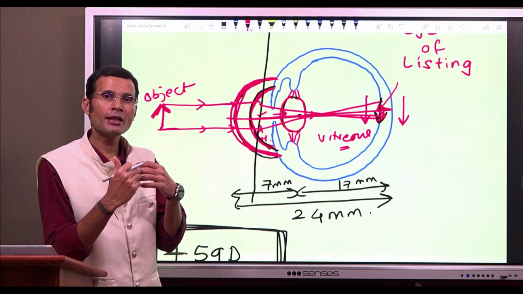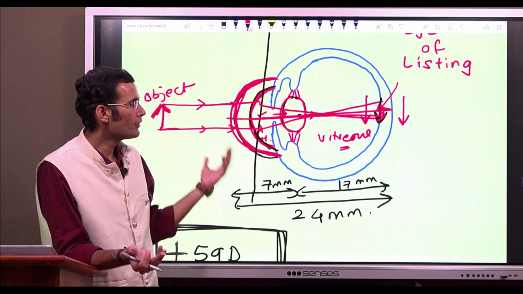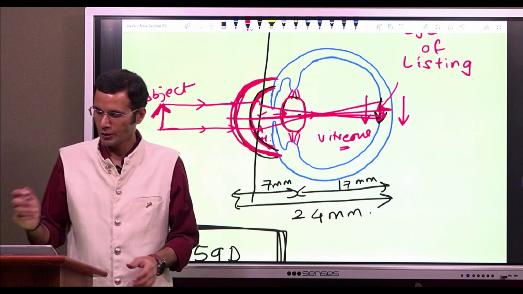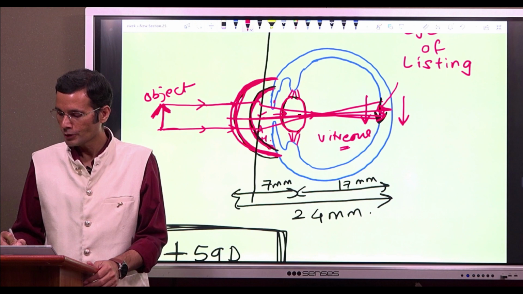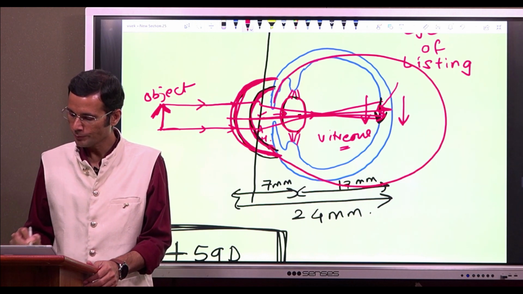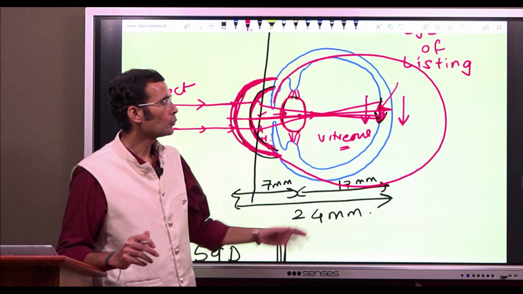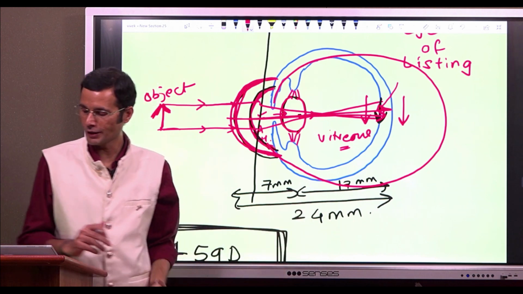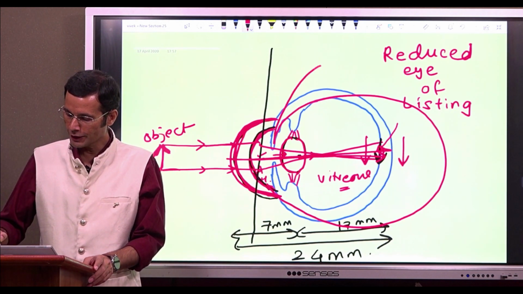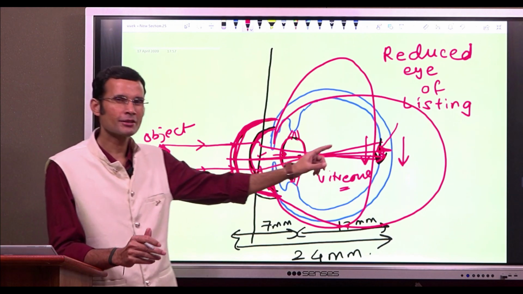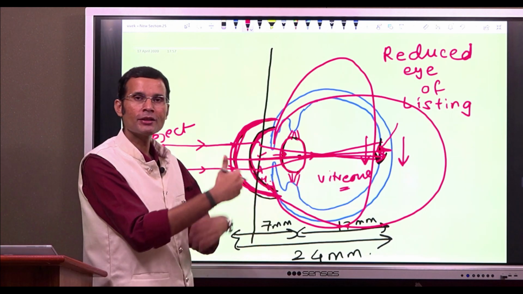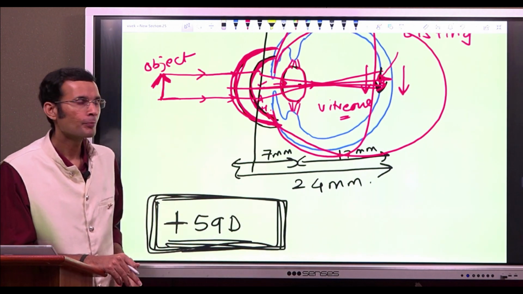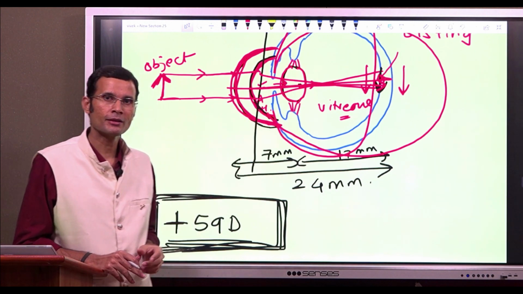If there is a change in the length of this axis, a change in the length of the eyeball, for instance, the eyeball has become horizontally oblong in shape, like this, in that case the image is forming in front of the retina, or it is vertically oblong like this. This is just a diagrammatic representation to make you understand the difference. So this will be called axis ametropia, when the length of the eyeball has altered.